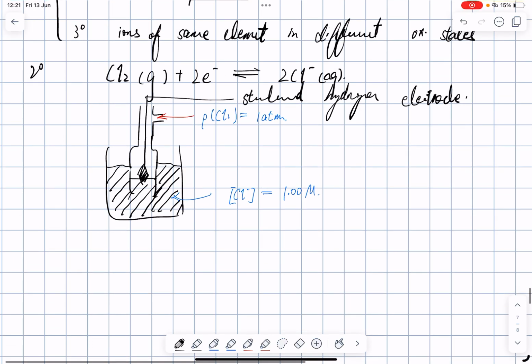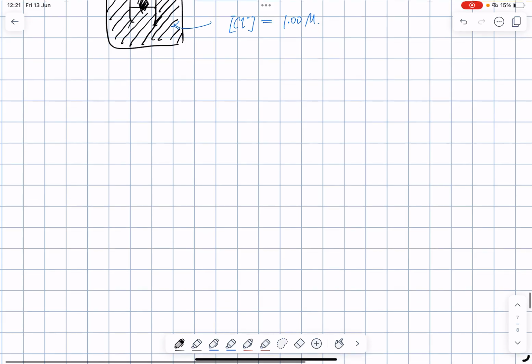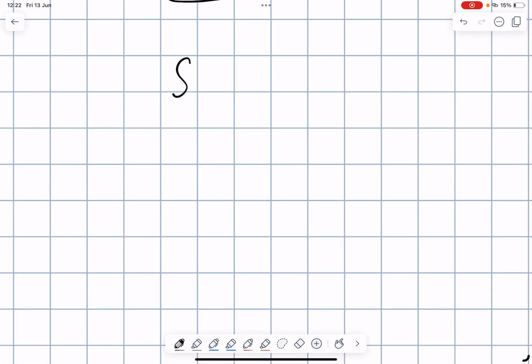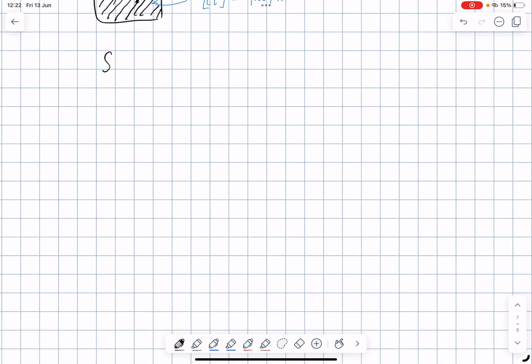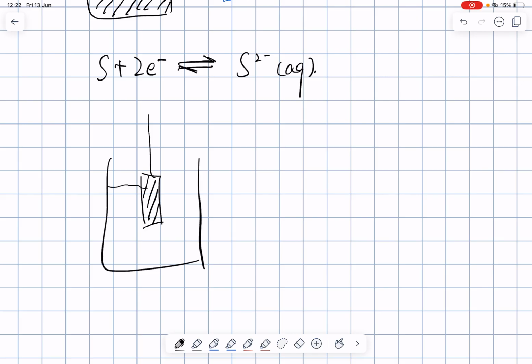And this is for substances in the gaseous state. How do we measure a substance in the solid state, which will not dissolve? A good example would be sulfur. For sulfur, we just do it like this. The equation should look like this. And here is also a platinum electrode.